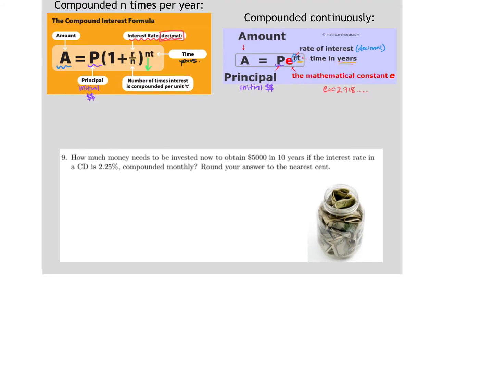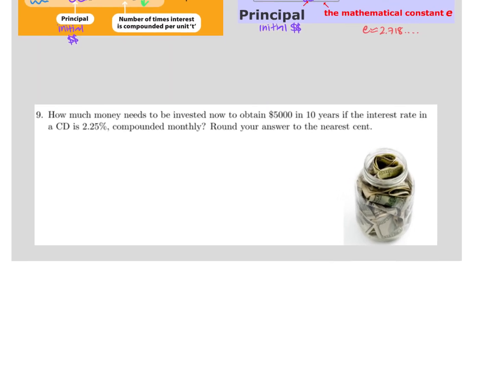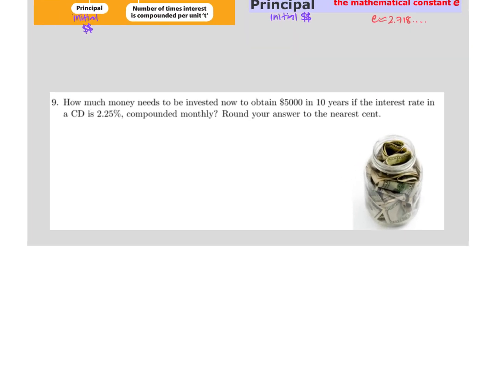So we're going to take a look at this example and use one of these formulas. This example says how much money is needed to be invested now in order to obtain $5,000 in 10 years if the interest rate is 2.25% compounded monthly.